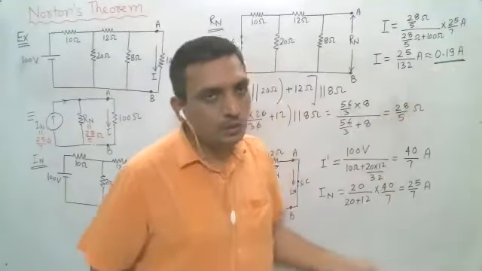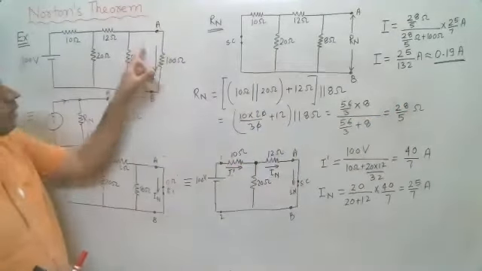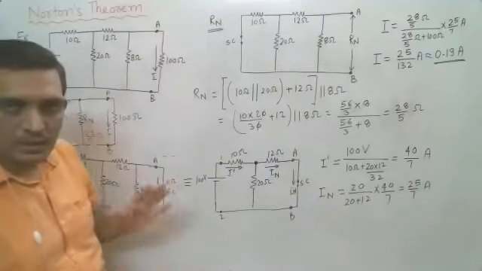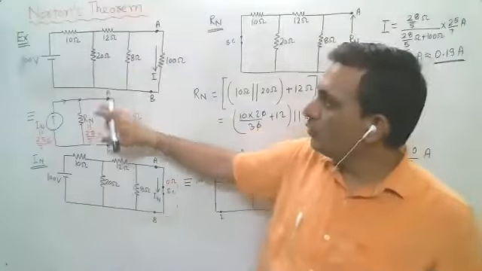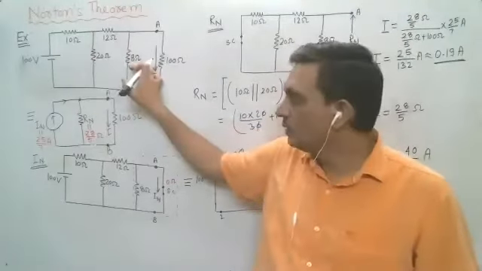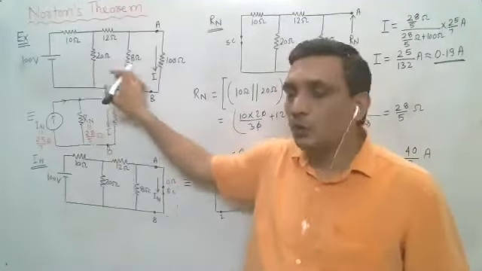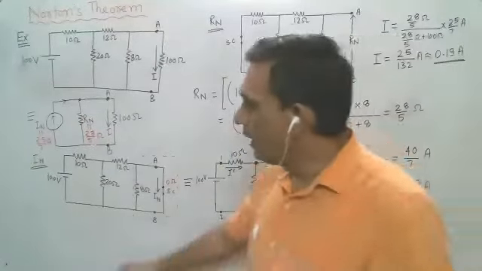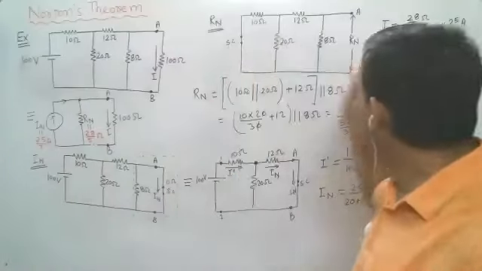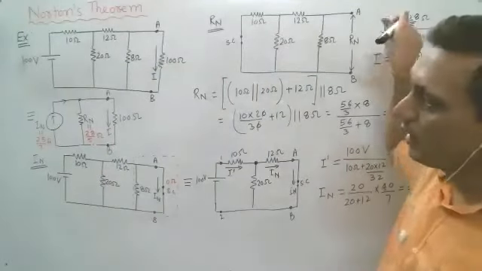This is the current through 100 ohm resistance. Is it clear? Norton's equivalent of a 3-loop network. So you can convert this 3-loop into 2-loop having a current source and find IN and Rn, and then from current division you will get current I.